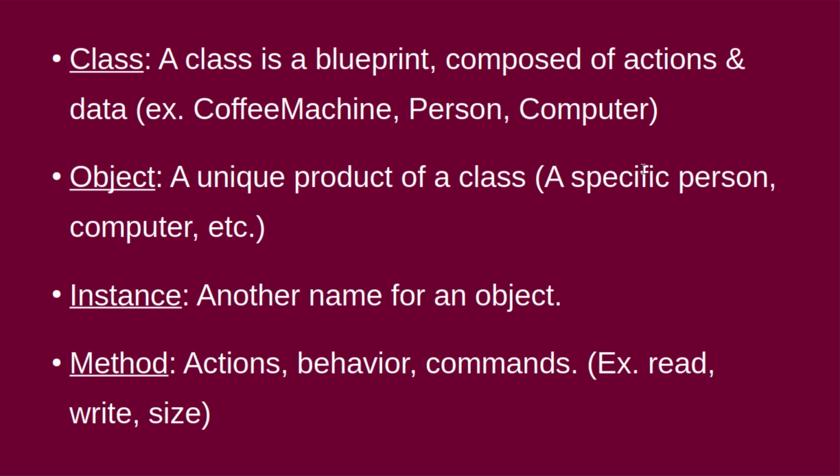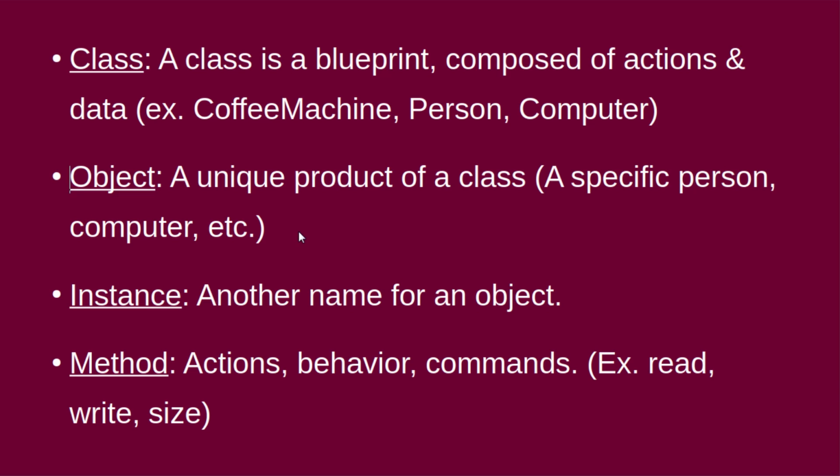The person can speak, can think, can write, can watch this video, right? So that's actions and data, and that's a class, right? Notice that in Ruby, classes always start with a capital letter. That's one thing to know and remember.